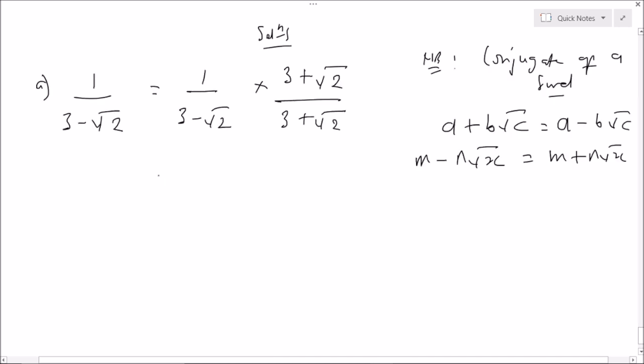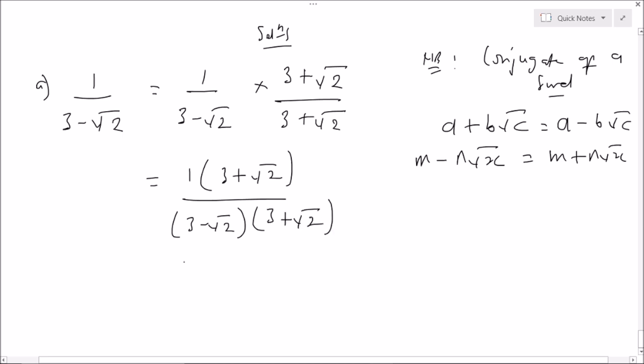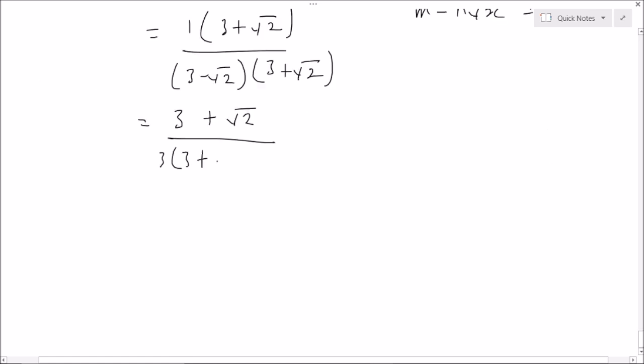Now, simplifying this, we have 1 times 3 plus root of 2, over 3 minus root of 2 times 3 plus root of 2. This will give us 1 times 3, which is 3, 1 times root of 2, which is root of 2, all over 3 times 3 plus root of 2, minus root of 2 times 3 plus root of 2.